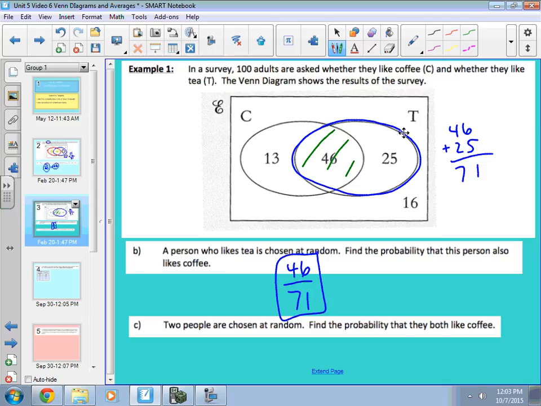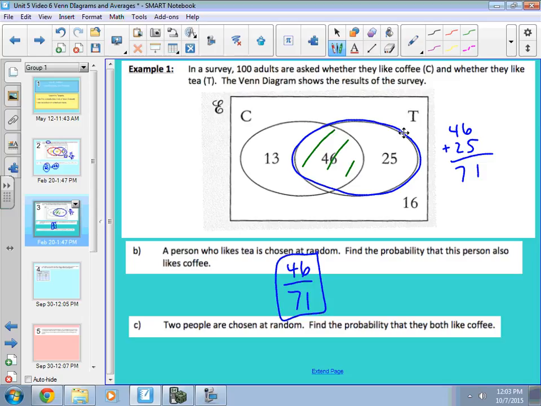Okay, part C. Two people are chosen at random. Find the probability they both like coffee. All right, so on one like this, we've done these ones now where you look at more than one thing. We want to figure out if two are chosen, well, what's that probability? So think about what's the chance of the first one? What's the chance the first person likes coffee?